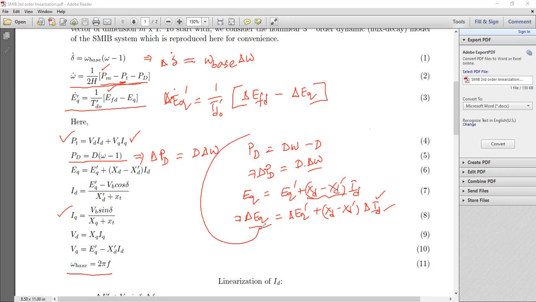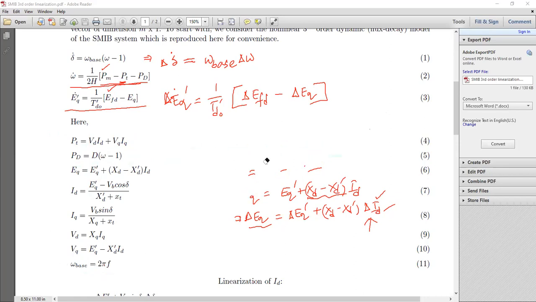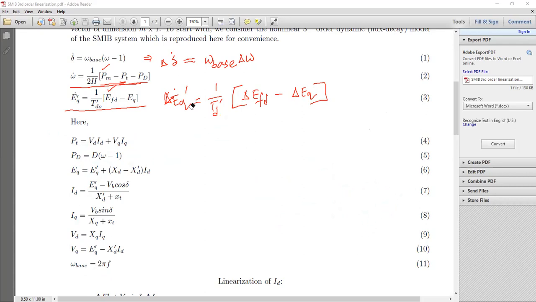Minus del EQ would come from here, and that's it. Of course, you have to replace del ID that we already derived earlier. So with this, now let's see how we can simplify our expressions a little bit, and we can have a more structured way of representing the linearized version of the third order model.